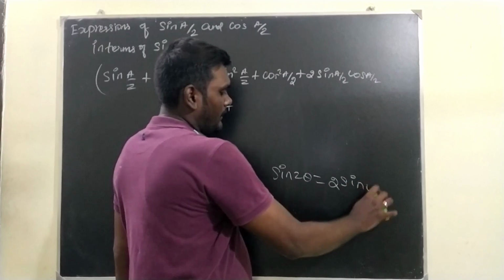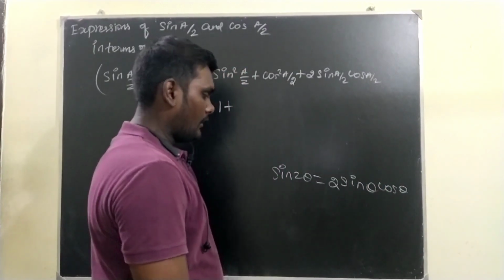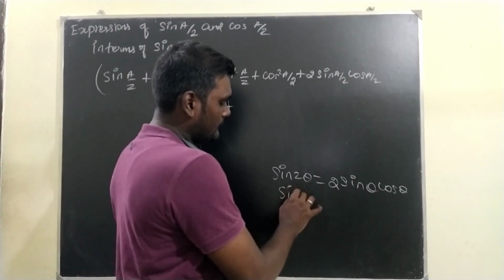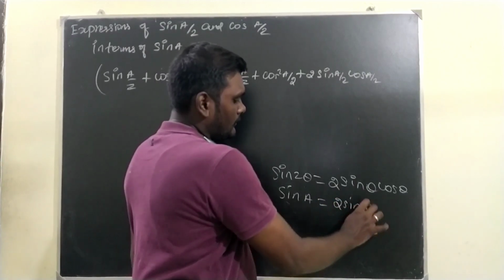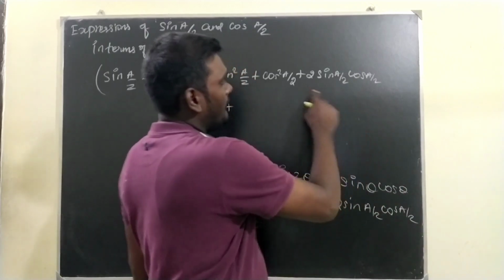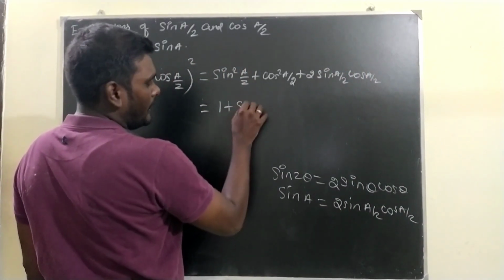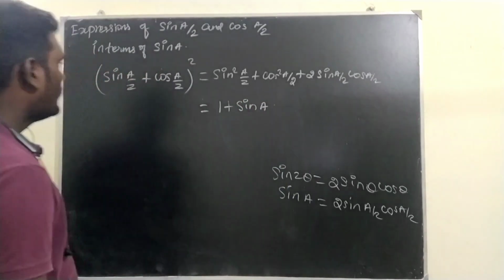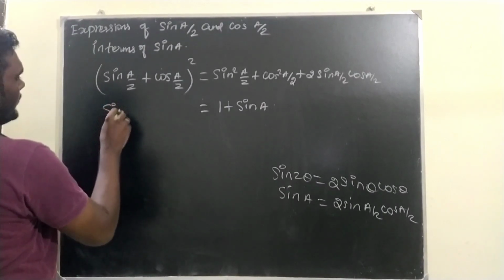It is 2 sin theta cos theta, right? Now you replace theta as theta by 2, then you will get sin A is equal to 2 sin A by 2 cos A by 2. Now we have the exact same, so that is sin A, right?